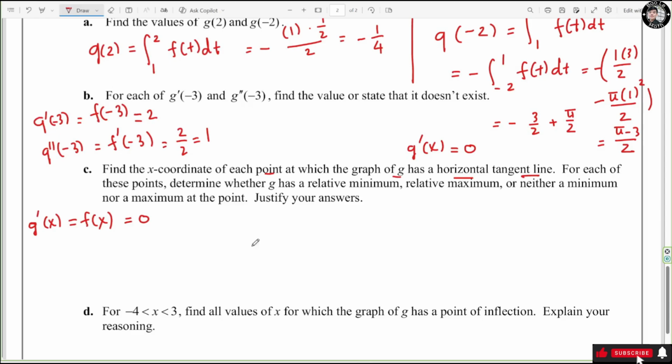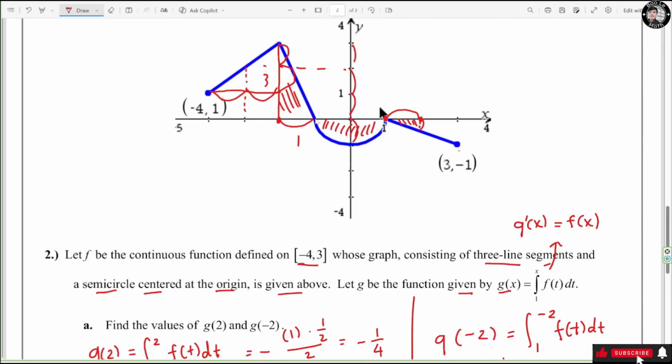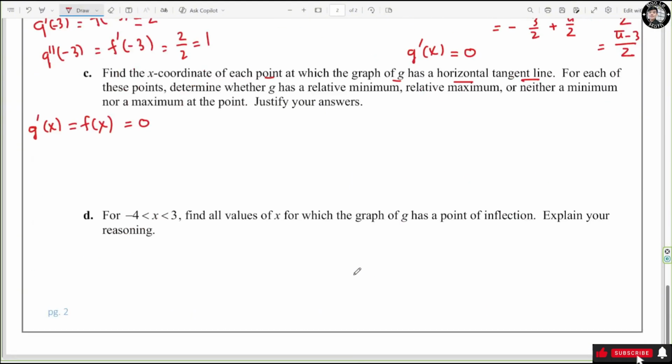So we look at this one right here. It's actually this guy right here and this guy right here. This guy is negative 1 and this guy is 1. So we have s equals negative 1, s equals 1. Then g of s has a horizontal tangent line, right?